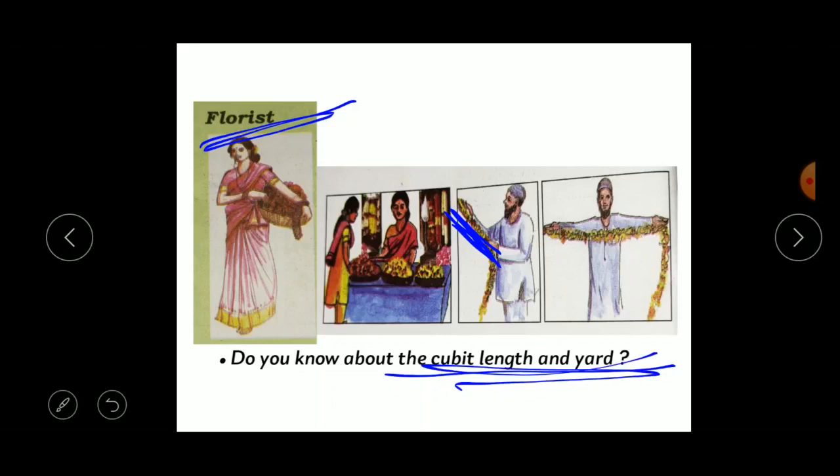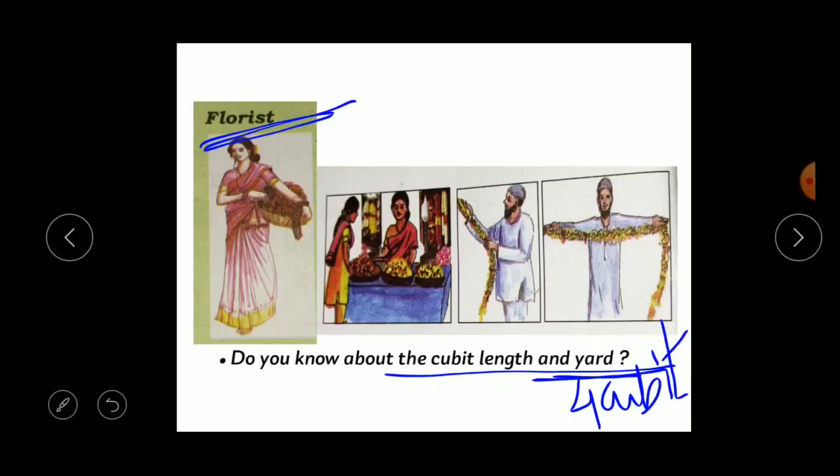So here you can see, this is called the cubit, right? So this is 1 cubit. Now what is the meaning of yard? Yard in the sense 1 yard is equal to 4 cubit length. Understood children?